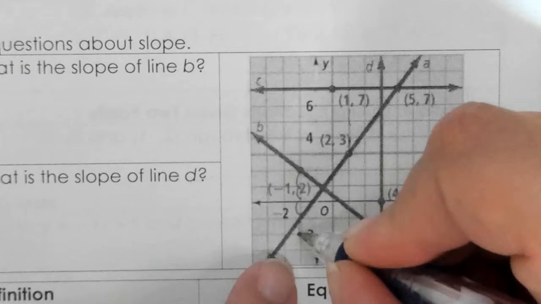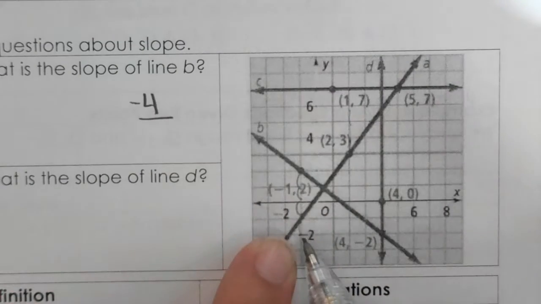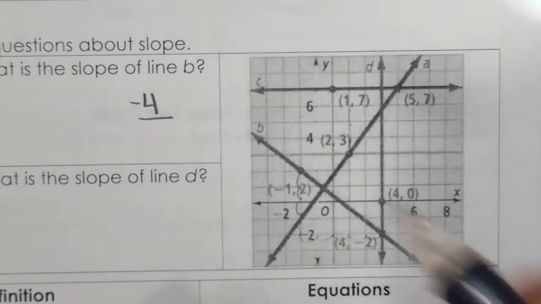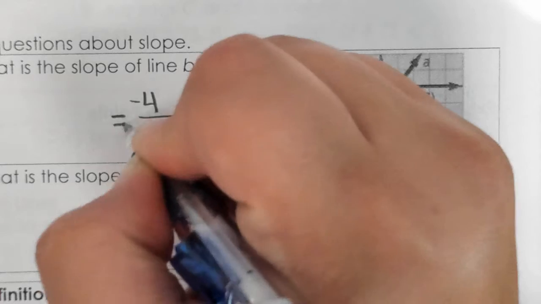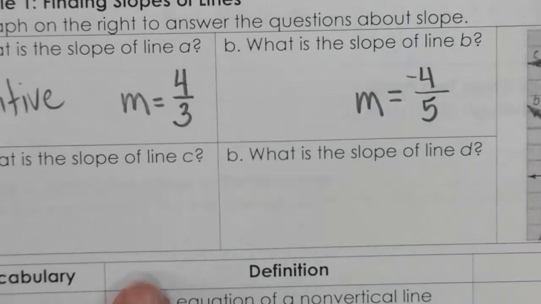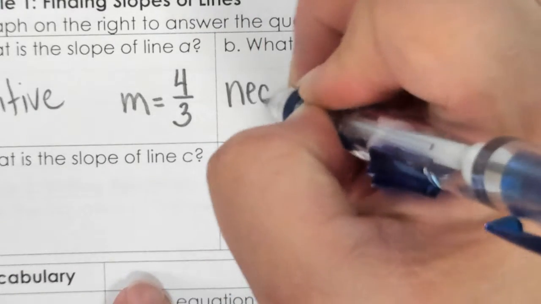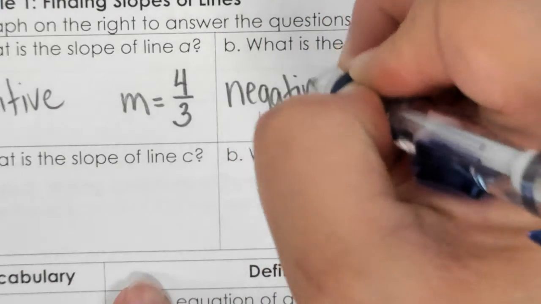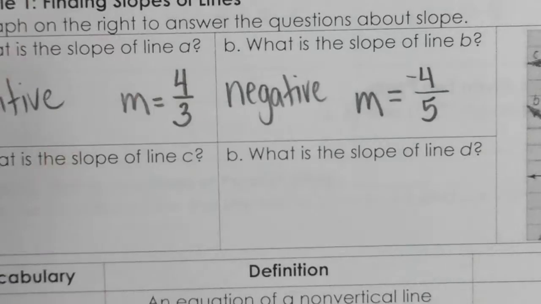So I'm going to go down negative 4. And I'm going over 1, 2, 3, 4, 5. And that cannot reduce. So negative 4/5, which means it's a negative slope. It's going downwards, or it's falling from left to right.